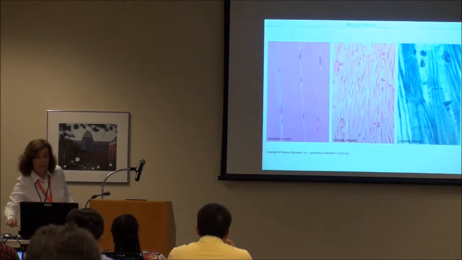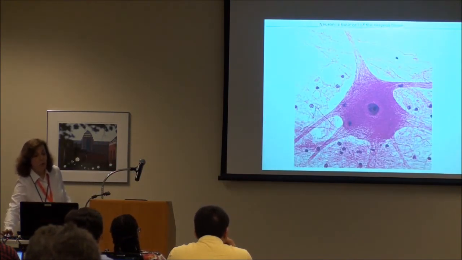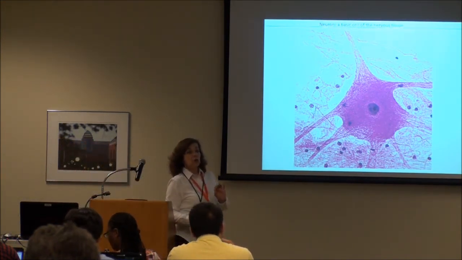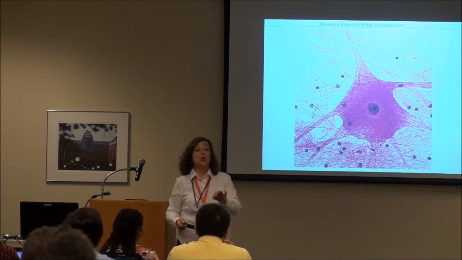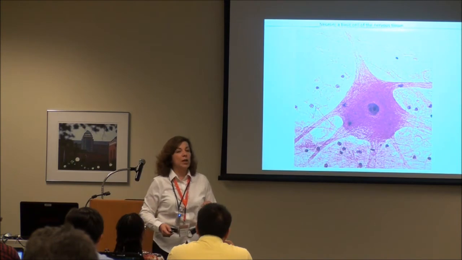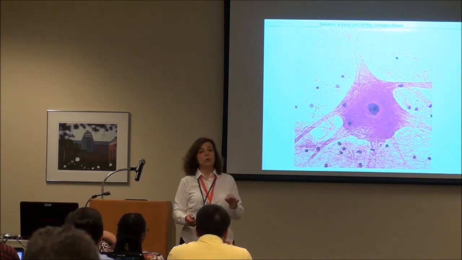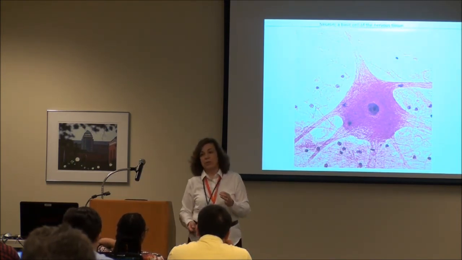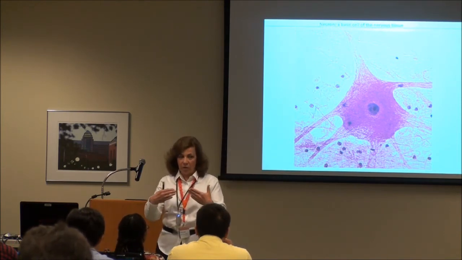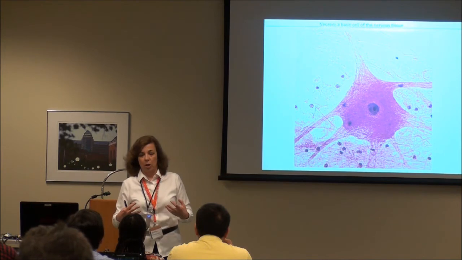Some other cells, like muscle cells or neurons, actually not only have a low capacity, they lose the capacity to divide. A fully differentiated muscle cell or neuron, which is the basic cell of the nervous tissue, completely loses the capacity to divide because they differentiate so much.